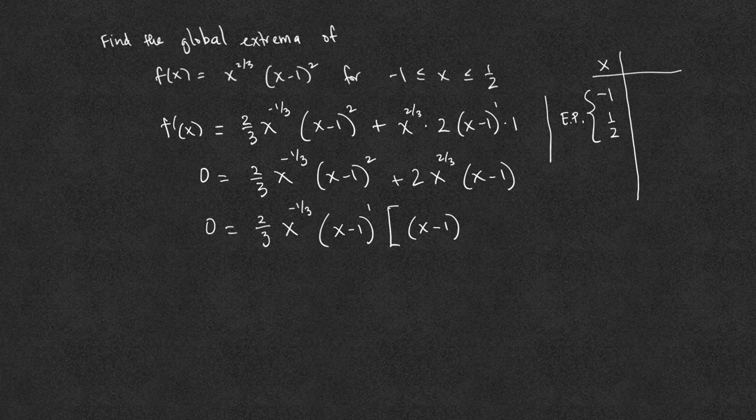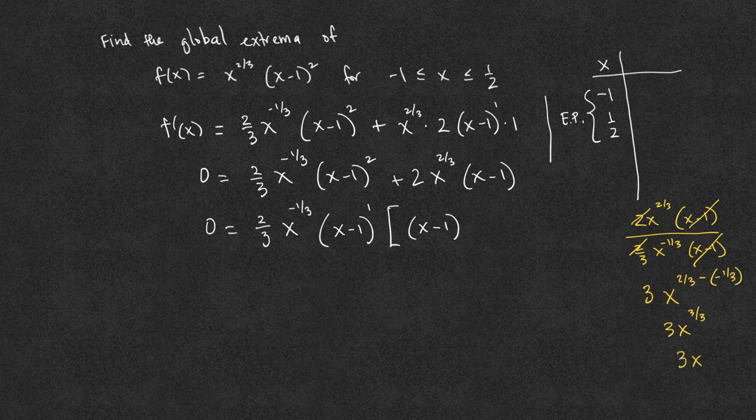If we have 2x to the 2/3 times x minus 1 and we factor out 2/3 x to the -1/3 times x minus 1, the x minus 1 is gone, the 2 is gone, 1 over 1/3 is 3, and x to the 2/3 minus -1/3 is x to the 3/3, which is 3x.